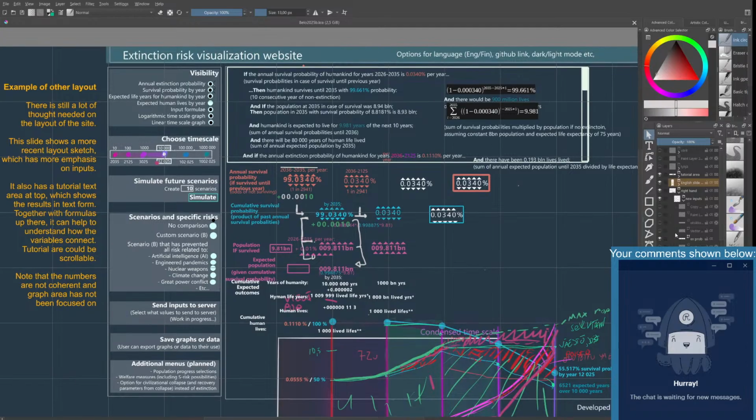So I've been moving these. Let's see if I can show them here actually.